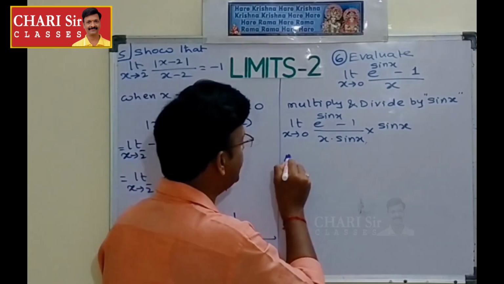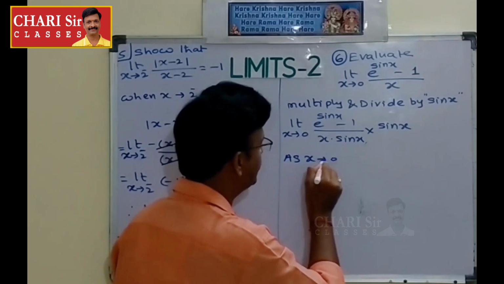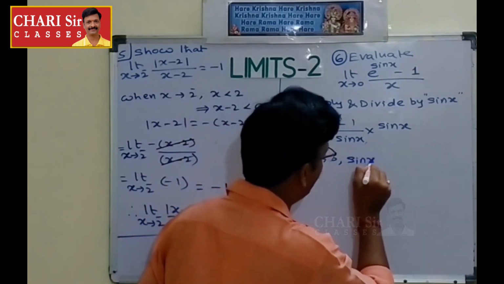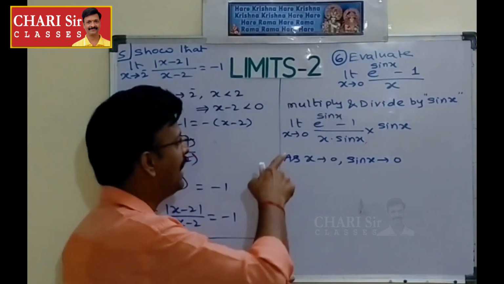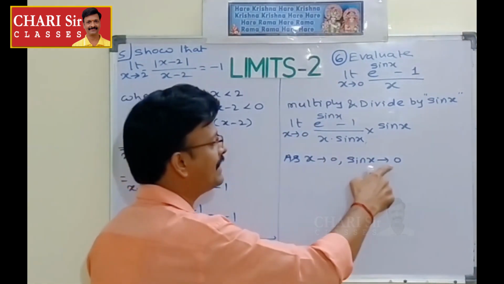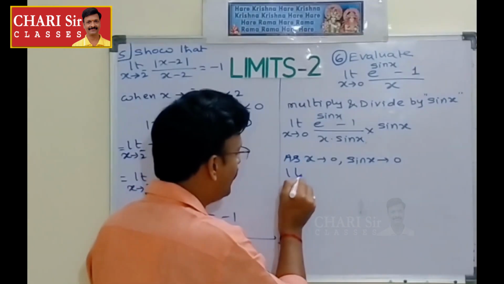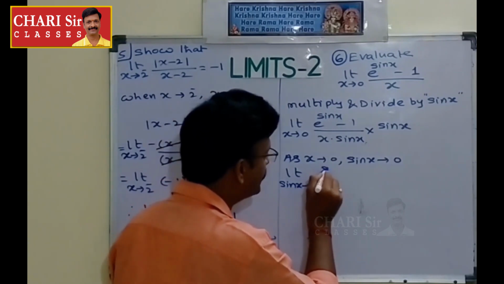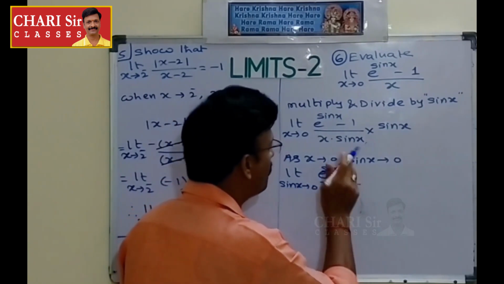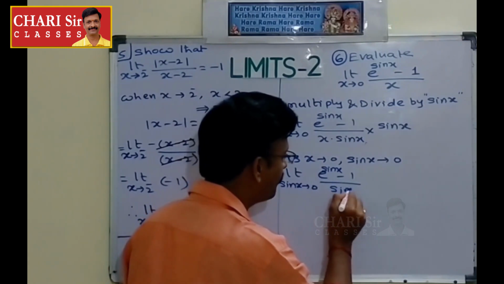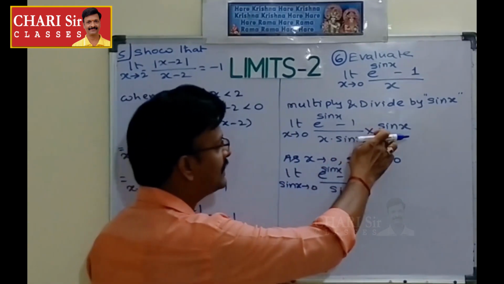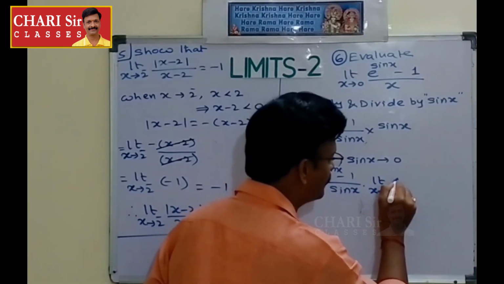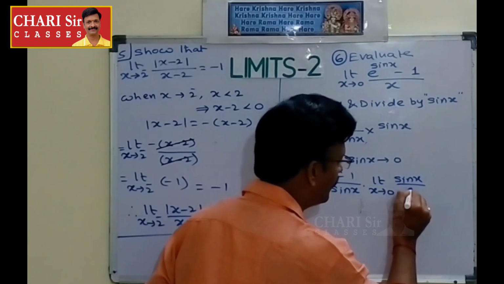Now as x is tending to 0, we know that sin x also tends to 0. Instead of writing x tends to 0, you can also write sin x tends to 0. You can write the limit sin x tends to 0 of e to the power of sin x minus 1 by sin x, into the other function, sin x by x, as a separate limit, limit x tends to 0 sin x by x.